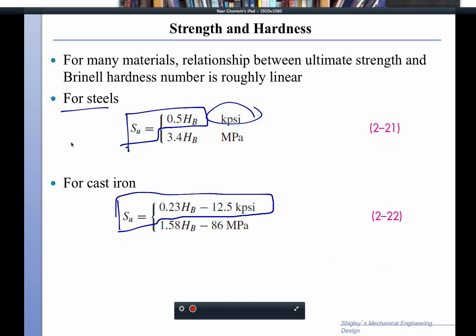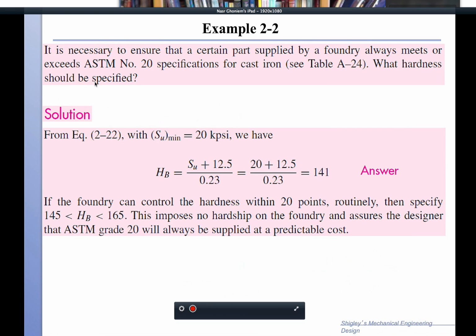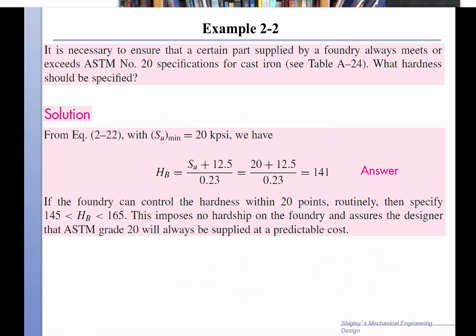And here is the example that we will show. We're saying that it is necessary to ensure that a certain part supply of a foundry always meets or exceeds ASTM number 20 spec for cast iron. And therefore, we want to know what hardness should be specified. In other words, it's a kind of a backward problem.